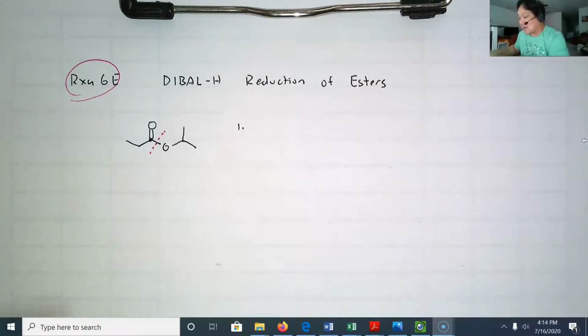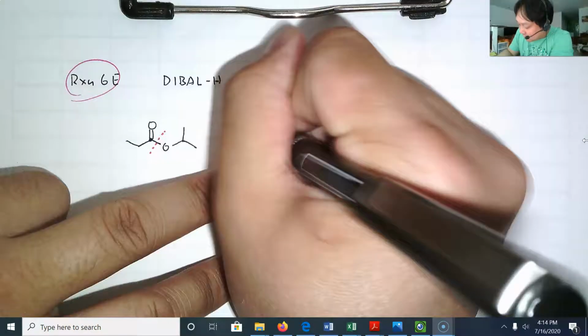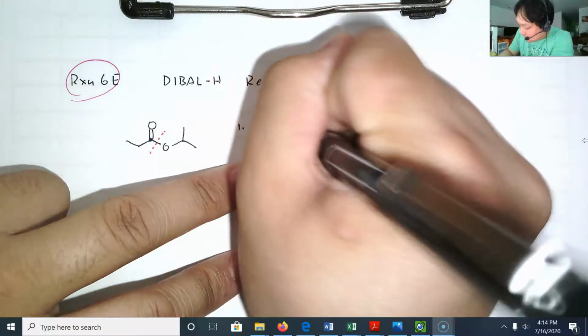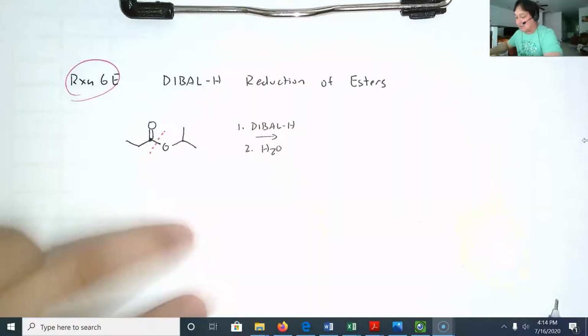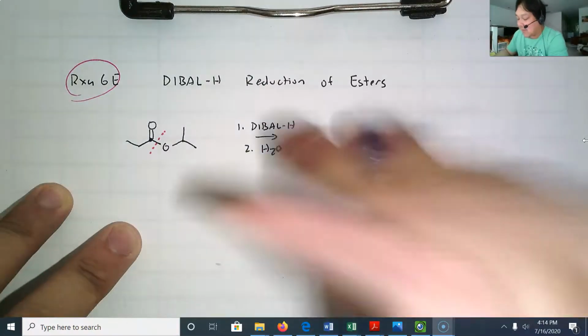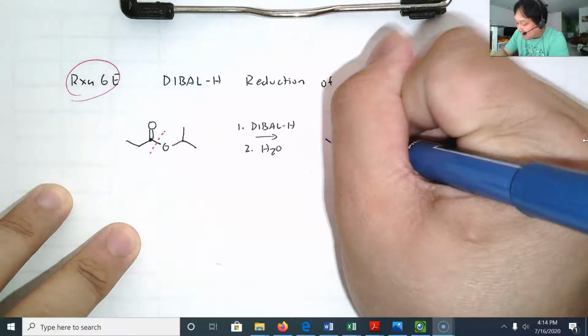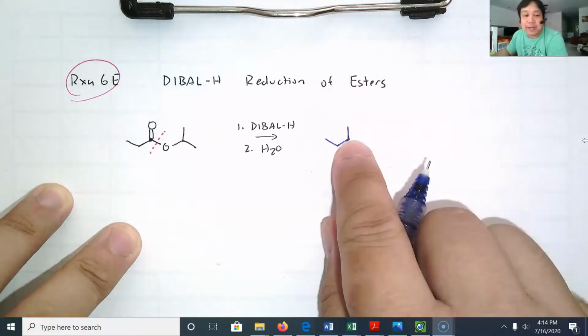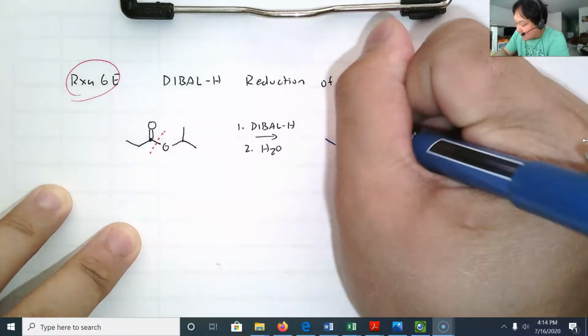We're doing the same thing with DIBAL. But what is different? I'll have time, I think, to show you the structure of DIBAL. But let me show you what happens. If this was LiAlH4, it would take the dot and convert it into an OH group. But here, we're going to convert it into just an aldehyde.